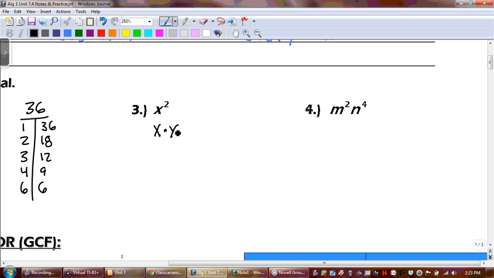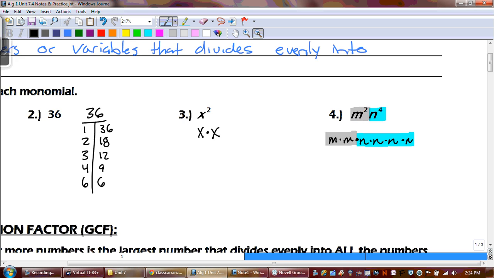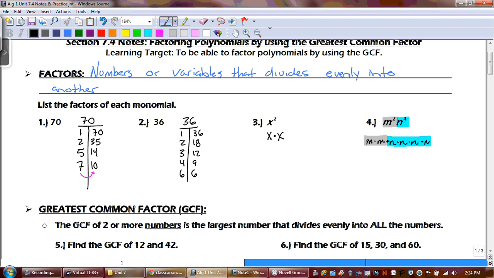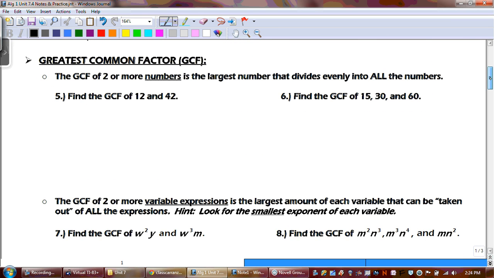And for the next one, how many m's are there? There's 2. M times m times 4 n's. 1, 2, 3, 4. And so that's all they're asking you to do there. Hopefully that wasn't too fast. If you have questions on that, make sure to come see us.